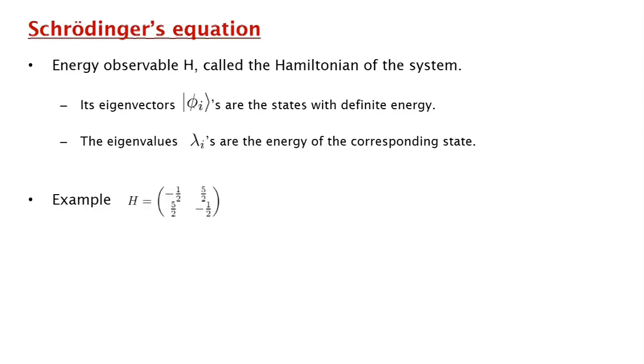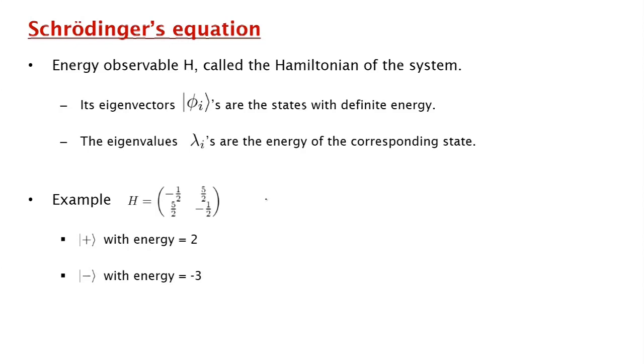So let's do an example. Here's a Hamiltonian H. Now if you work it through, you'll find that it has two eigenvectors, plus and minus, and the corresponding eigenvalues are 2 and minus 3. So we can say that plus is an energy eigenstate of energy 2, and minus is an energy eigenstate of energy minus 3. So what does this mean?